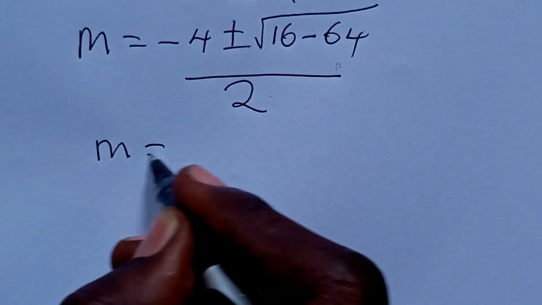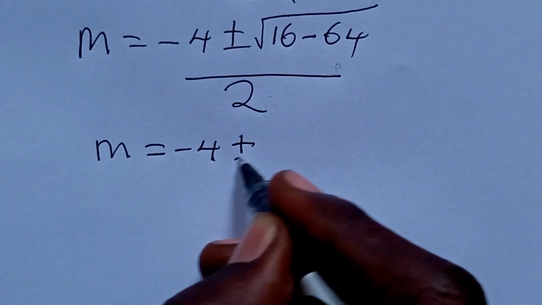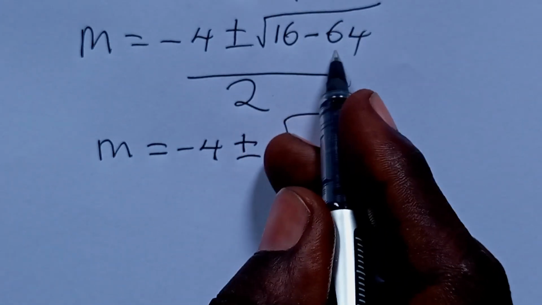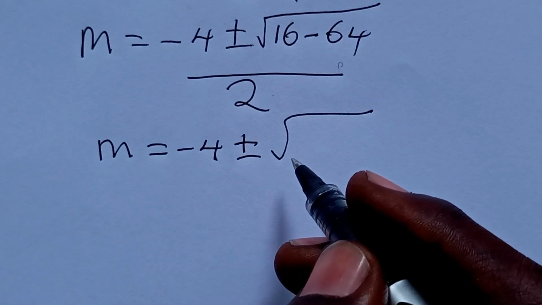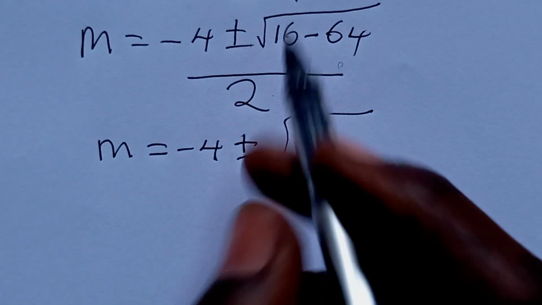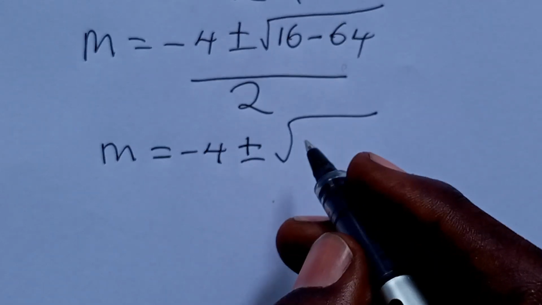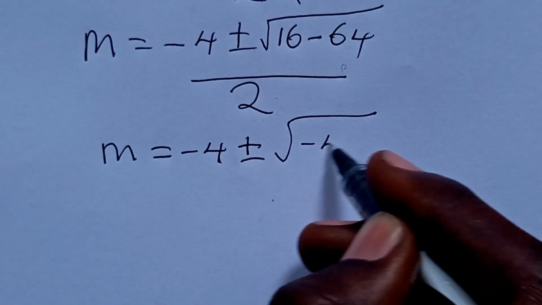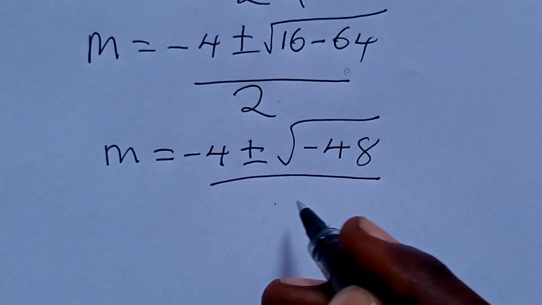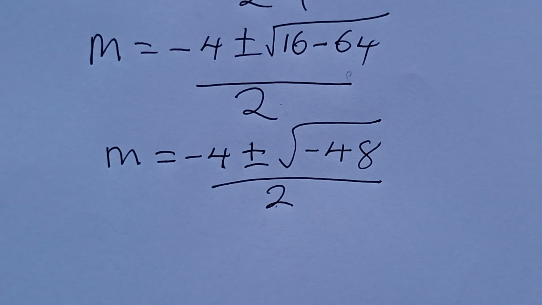To subtract 64 from 16, that's going to be minus 48, all divided by 2.